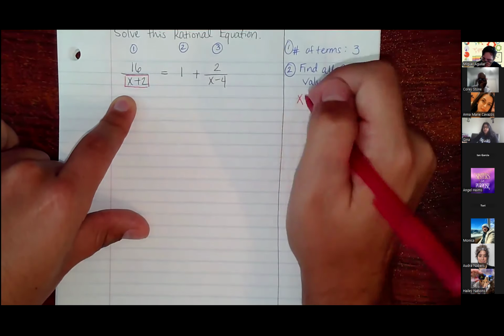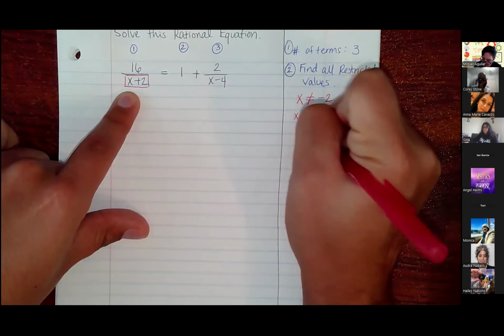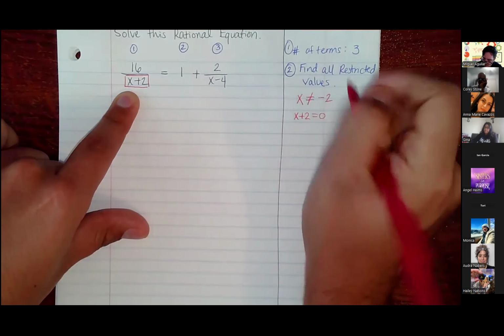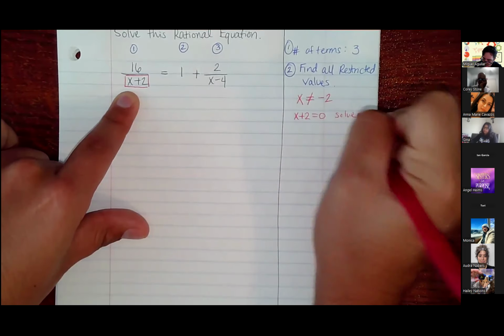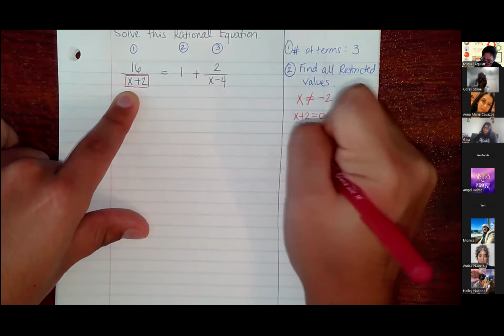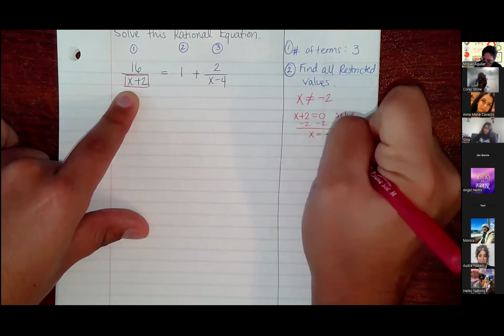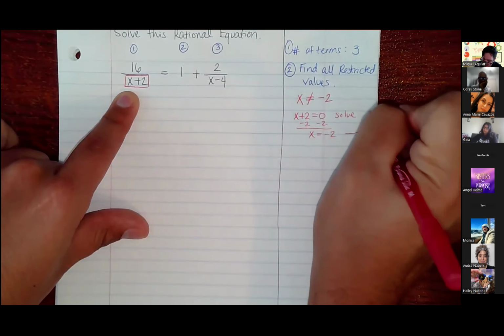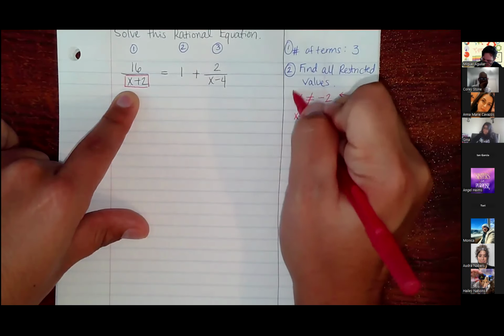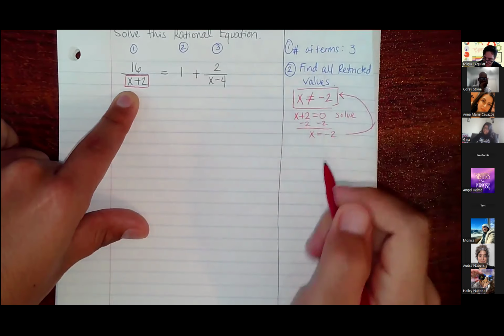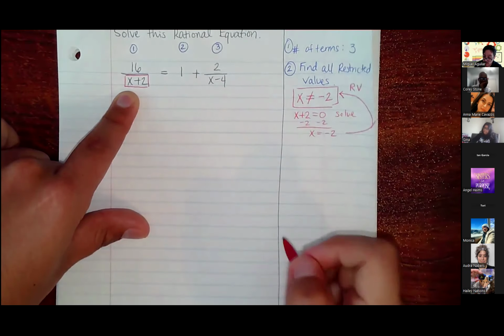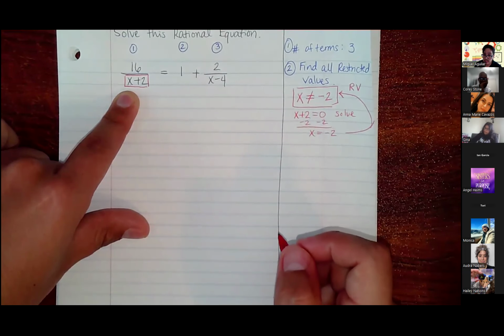But if you want to go the long way, you can set x plus 2 equal to 0, solve this equation, and I get x is equal to -2. And that's how I knew that my restricted value was a -2. Does that make sense? Yeah.